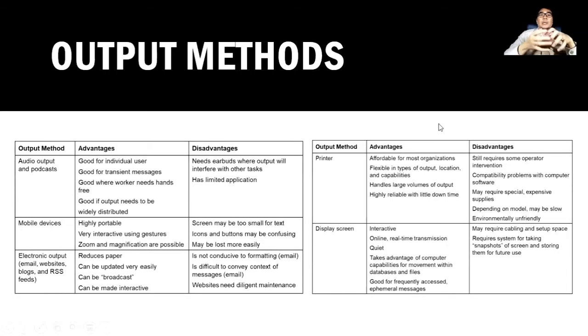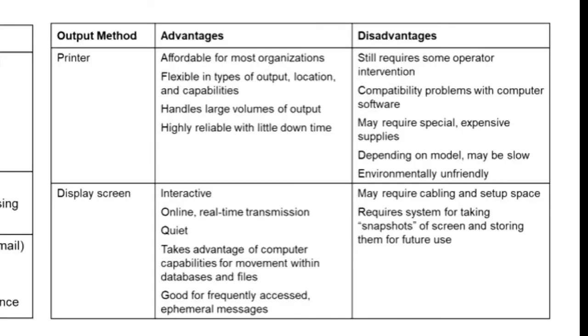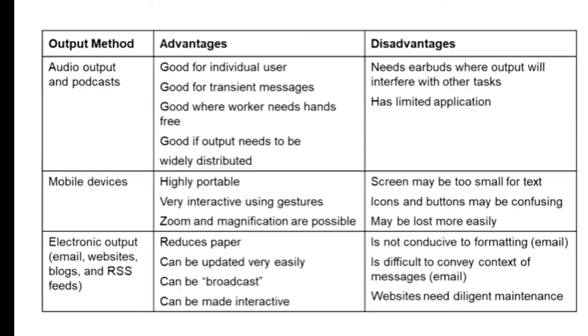As we can see here, we have several types of output methods. The first one is the printed output, and then we also have the display screen output, and then we have the audio output and podcasts. And next we have mobile devices output, including tablets and laptops. And last we have the electronic output, including emails, websites, blogs, and RSS feeds.